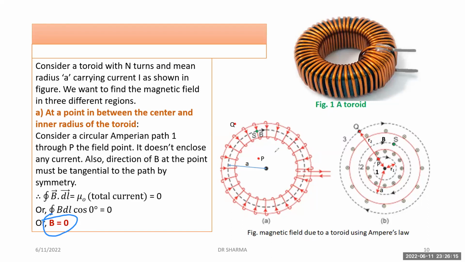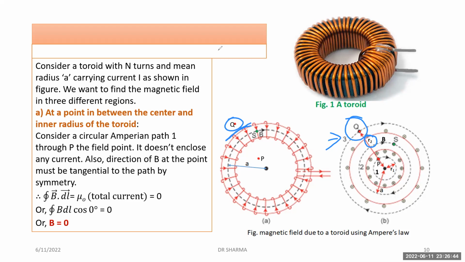Now, to calculate the magnetic field at a point outside the outer radius of the toroid, say at point Q, we draw Amperian circle 3, whose radius is R2.